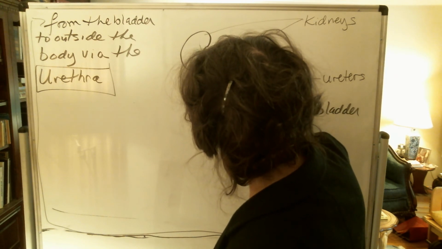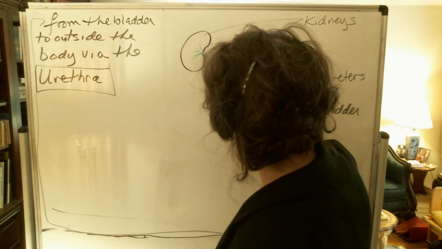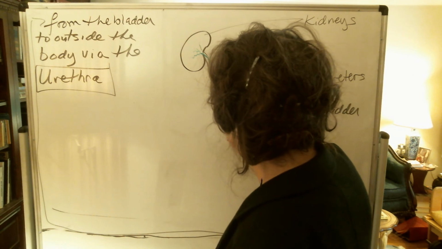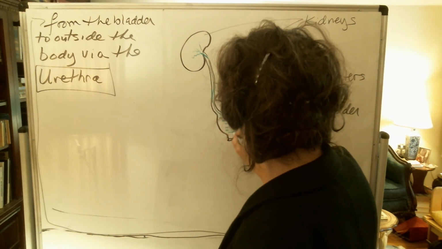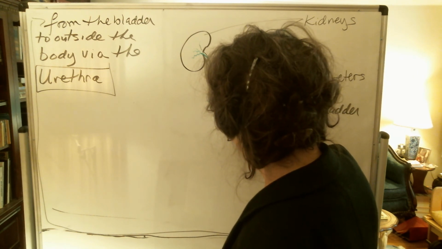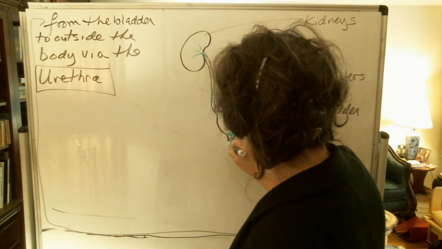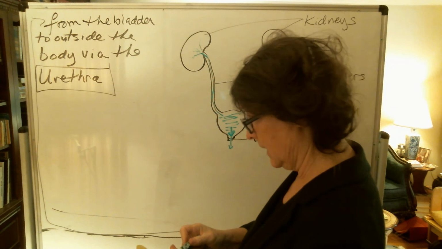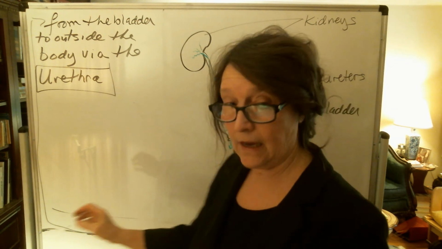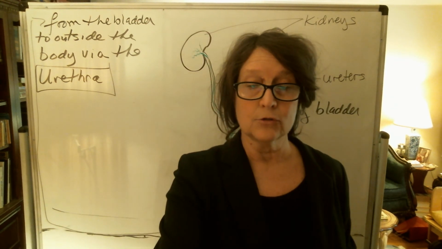There's the urine going down into the bladder, where it may be stored for a while, but then eventually it winds up traveling to outside the body through the urethra. And that is the end of this introductory lecture.